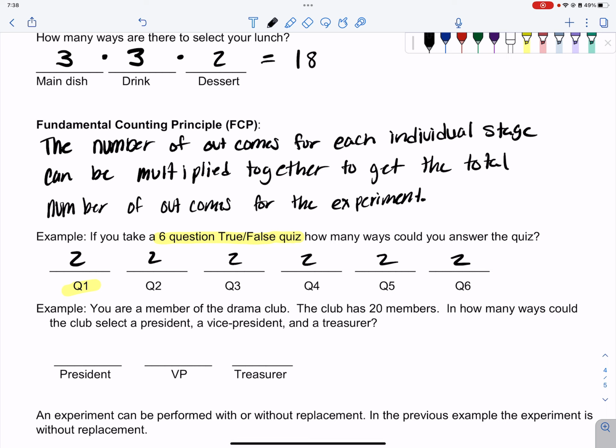So now, our fundamental counting principle tells us that we can take these outcomes for each individual stage, each individual question, and multiply them together. So that gives us 2 times 2 times 2 times 2 times 2 times 2, which is 2 to the 6th power, which then we can just calculate, and we get 64.